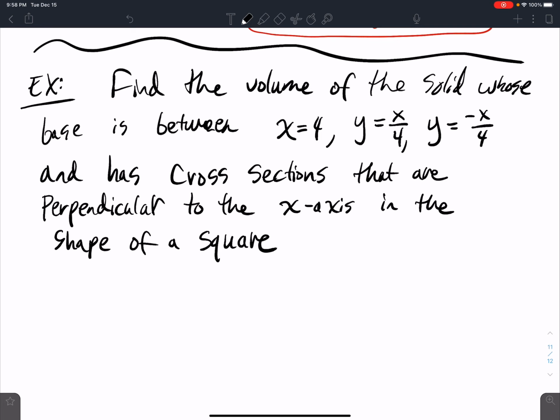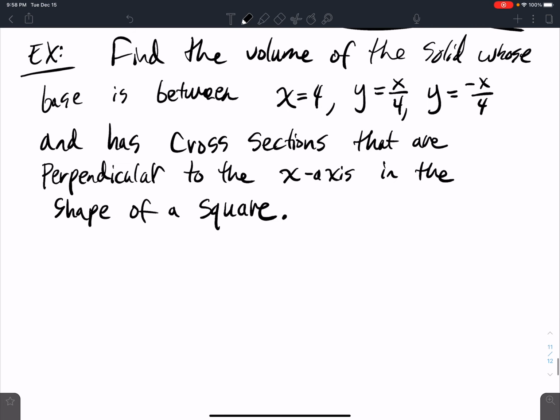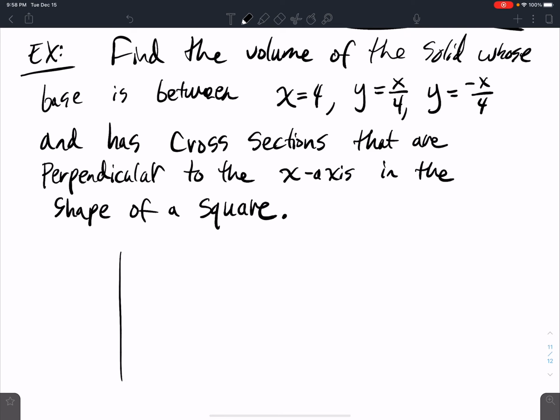Okay? So what does this look like? What I'm going to do first is draw XY axis here. And I'm going to draw the line x equal to 4. So I'm going to go out 1, 2, 3, 4. This is what you always do if you don't have graph paper, right? You just draw it. And so x equal to 4 looks like this.